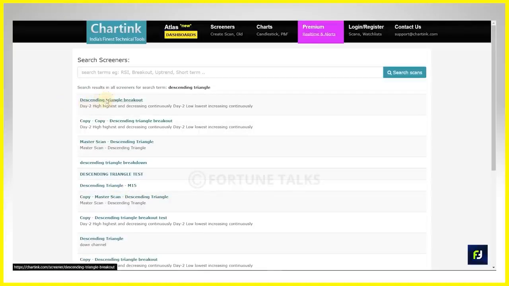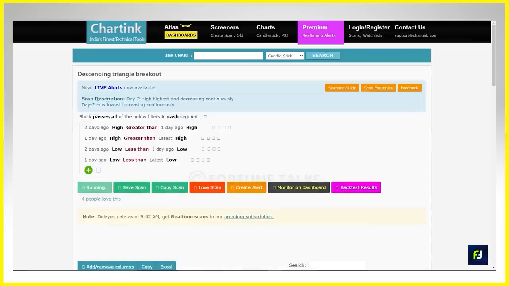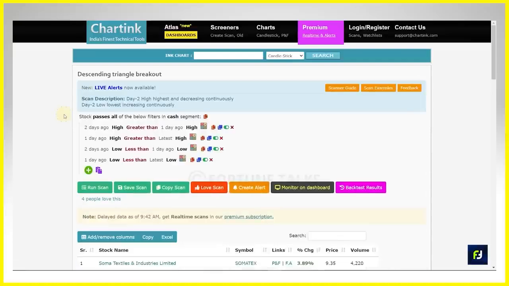For now, let me just click on the first result and it will take me to another page where I can see the logic written in a simple and understandable manner. Now if you notice, the first line says stock passes all of the below filters in cash segment. Now this is where you can filter out stocks based on your requirement.